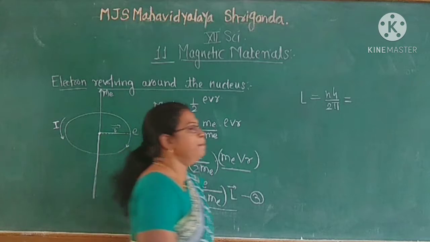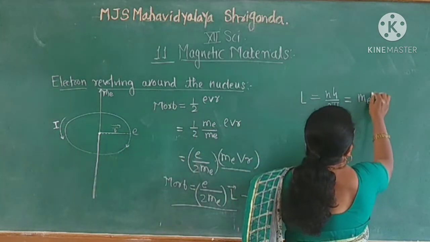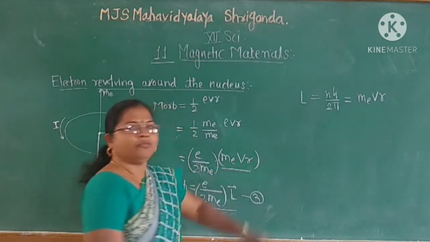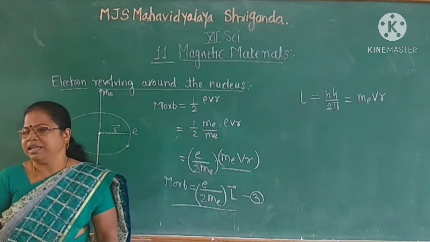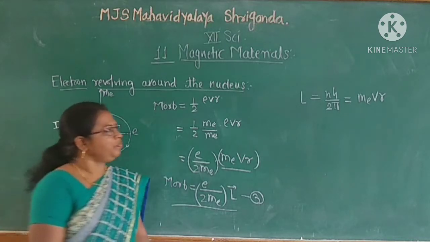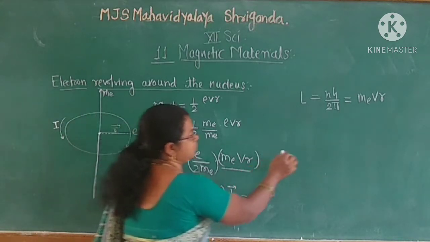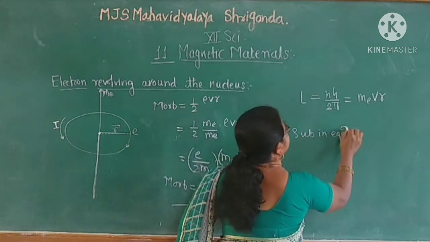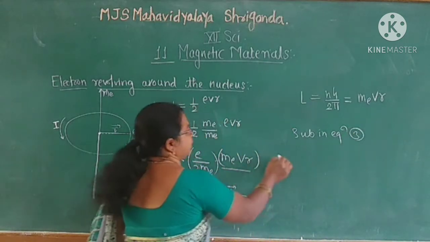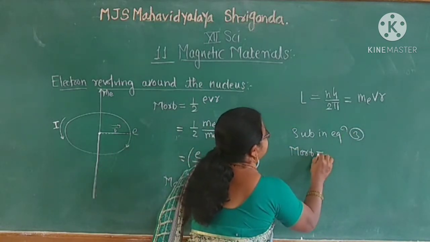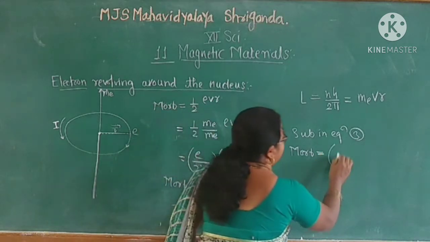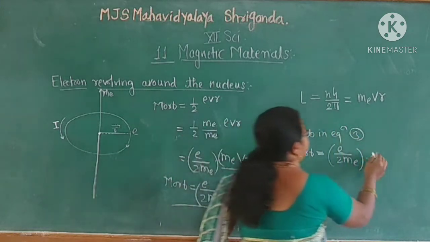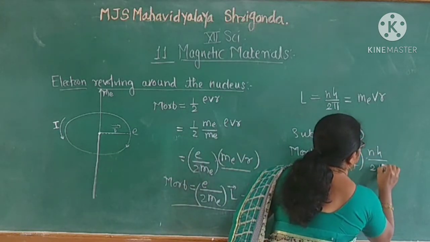That is equal to me into vr. With the help of this, substituting in equation 3, we get m orbital is equal to e divided by 2me into nh divided by 2 pi.